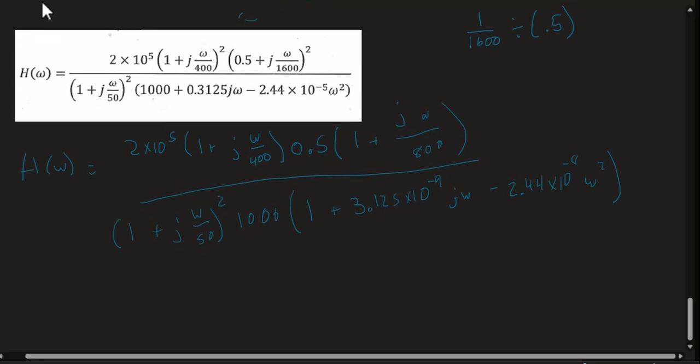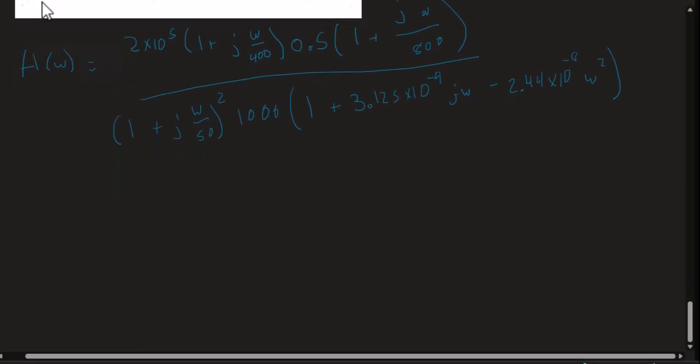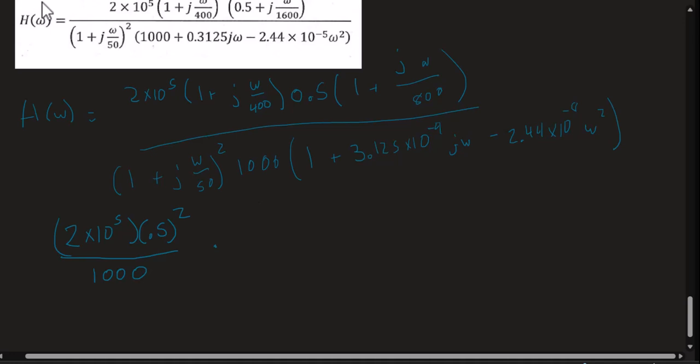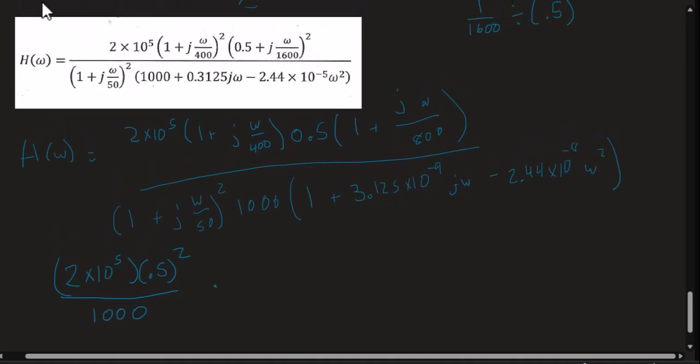So then I'll take all of my constants, and I have 2 times 10 to the 5th, and I have a 0.5, and that's over 1,000. So that's my constant term. It should be 0.5 squared, thank you. Because that was coming out of something that was squared, and I forgot my square here.